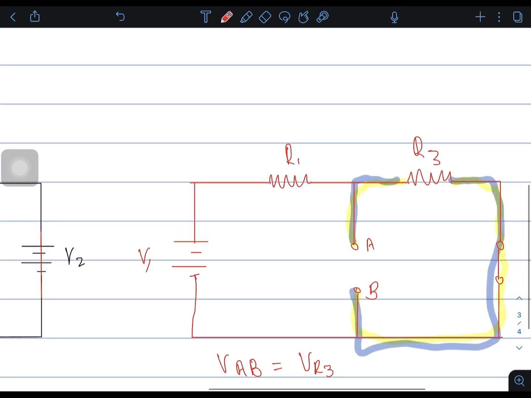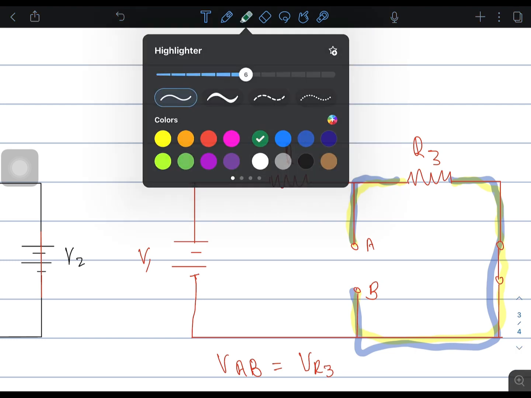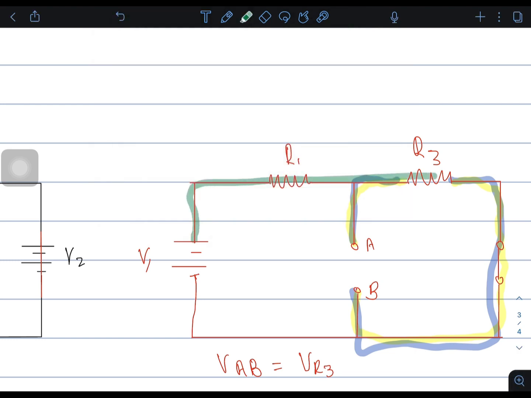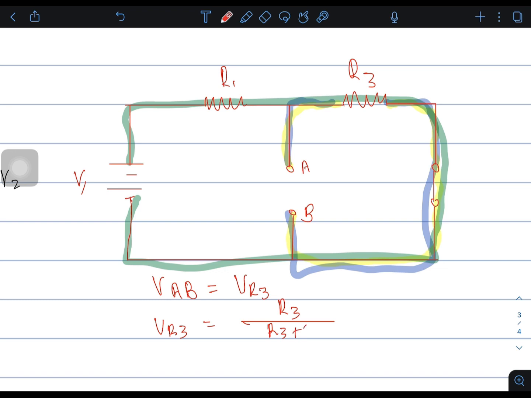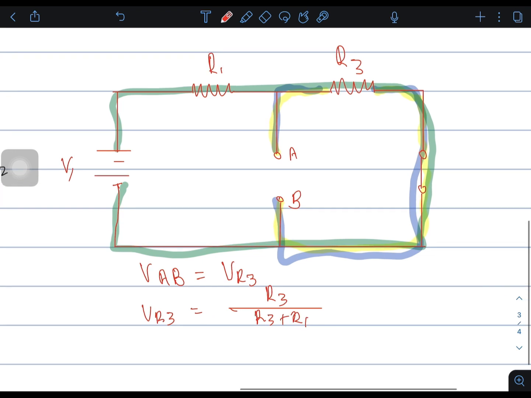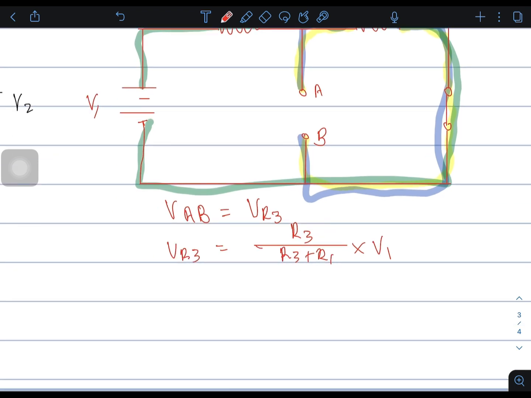Now let us find the voltage across R3. This, guys, is a series circuit, meaning I can use the voltage divider rule. VR3 is R3 over R3 plus R1 times V1, where V1 is our total voltage.